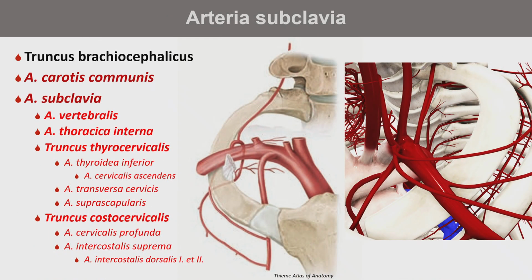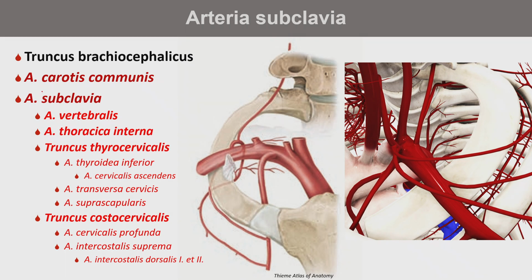Now we turn to the first branches of the aortic arch, which are the subclavian arteries. Subclavian arteries are symmetrical on both sides. We know that on the right side it's arising from the brachiocephalic trunk, on the left side directly from the aortic arch.